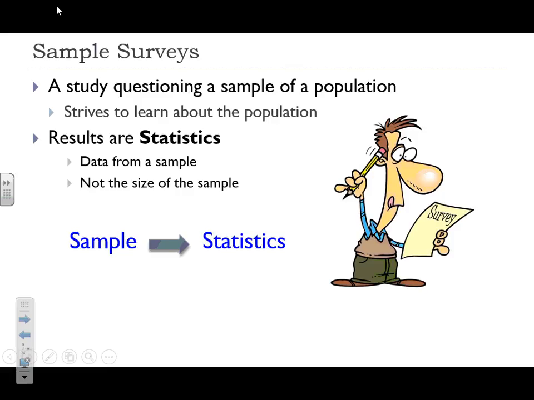Okay. So we have a question we want to answer about an entire population. We go out and take a sample, we calculate a given value. So we calculate a statistic, we get an estimate.